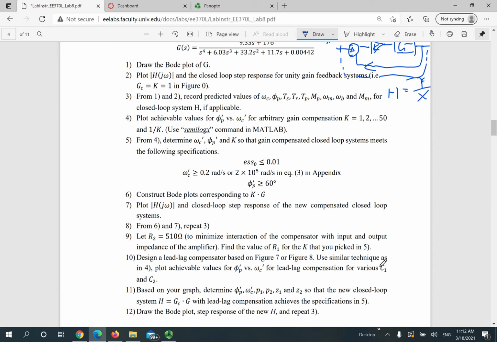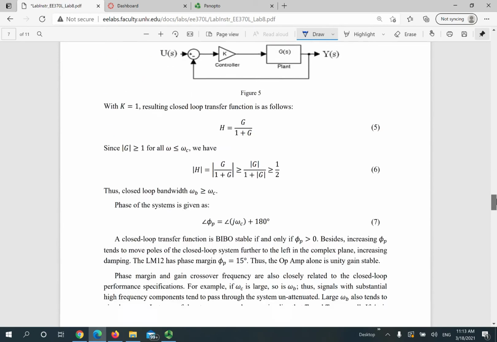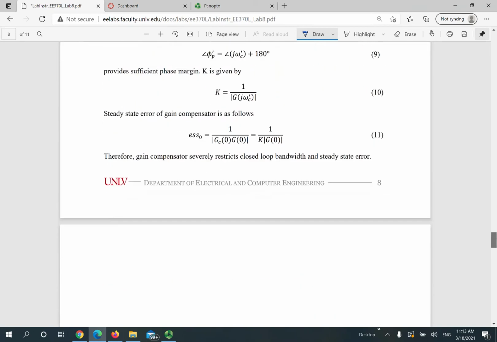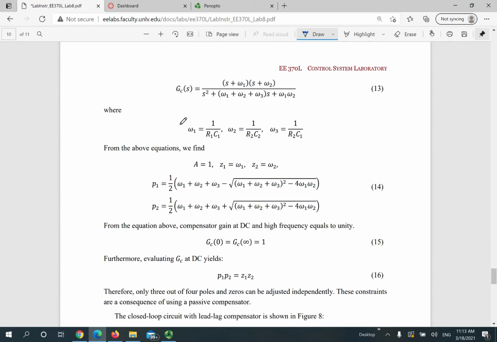And also, when you pick C1 and C2, you can calculate omega 1, omega 2 as here. Okay. You can find omega 1, omega 2, and omega 3, and then find the P1, P2 by using these equations. Okay.